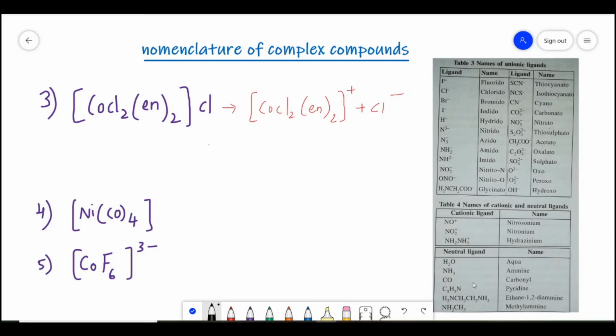Whenever bidentate ligands are there, we should not write di. We should write bis. So for bidentate ligands, we write bis, and if there are 3 ligands, then you write tris. Only for the bidentate. If they are monodentate, you can write di, tri, tetra, penta, hexa.